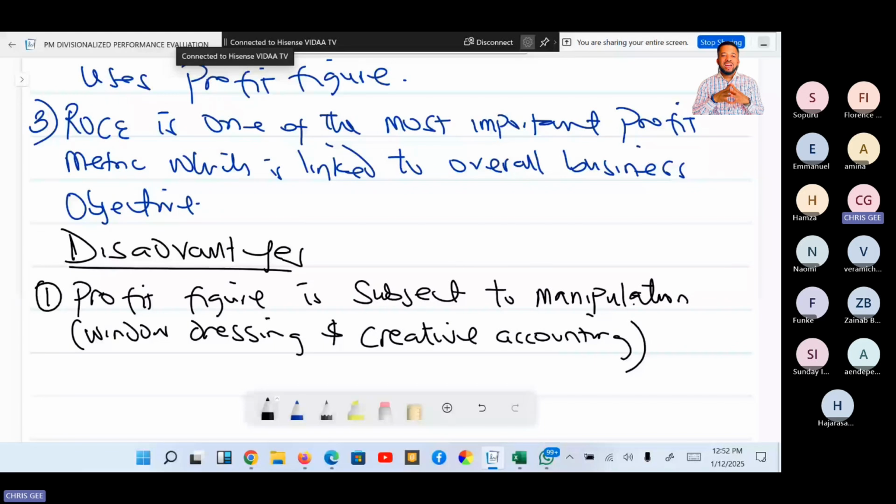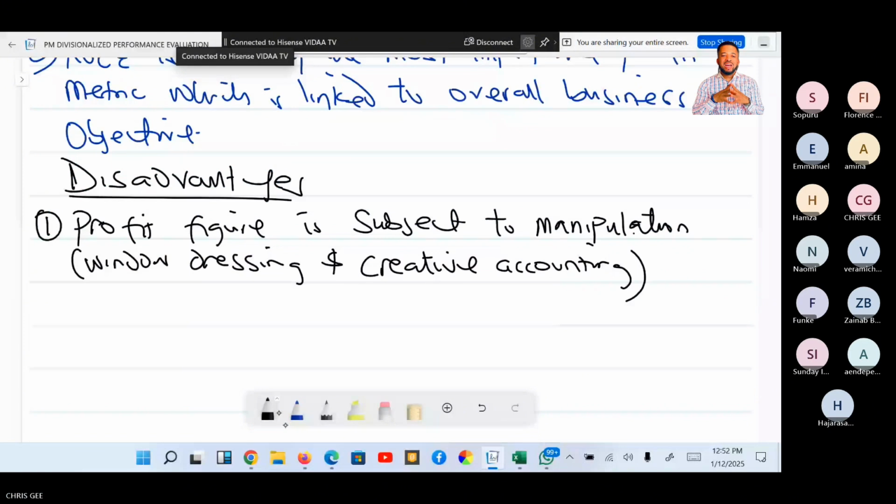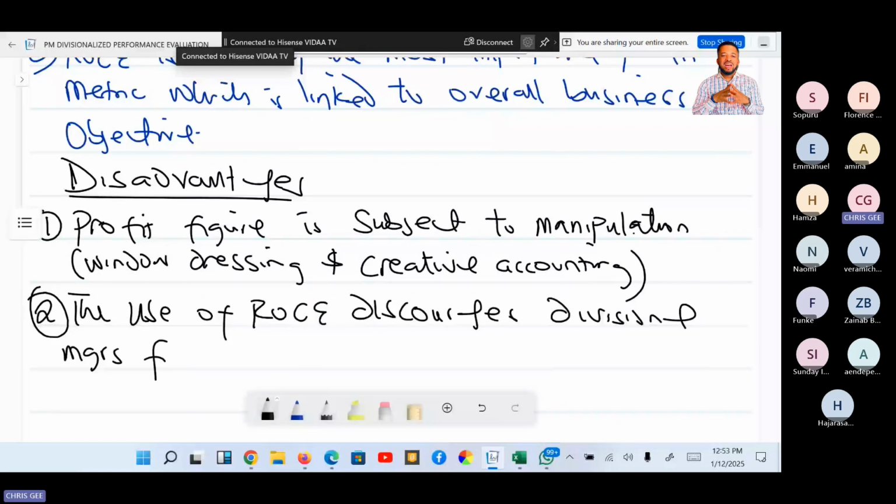All right, so basically, let's move on. Number two, the use of RoCE discourages divisional managers from investing in long-term assets. I will explain that.